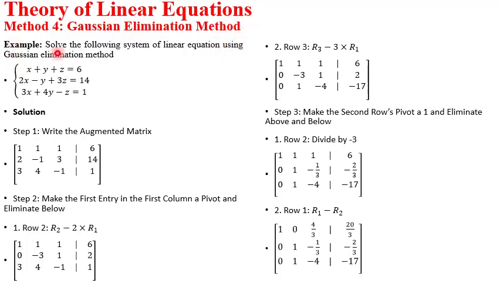Now the Gaussian elimination method is a bit similar to the elimination method because we try eliminating the off-diagonal elements in order to narrow down the solution to determining the variables.